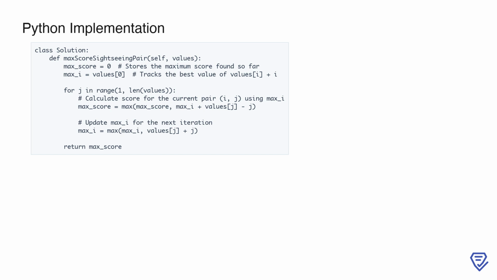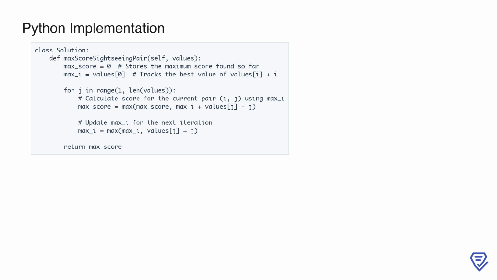Line-by-line explanation. 1. Initialization. We start by initializing max_score to 0, to store the best score found so far, and max_i to values[0], the best value of values[i] + i at the beginning. 2. Iterate through the list. We loop through the array starting from index 1, since j greater than i must hold. 3. Calculate current score. For each j, we calculate the score using the formula max_i plus values[j] - j.